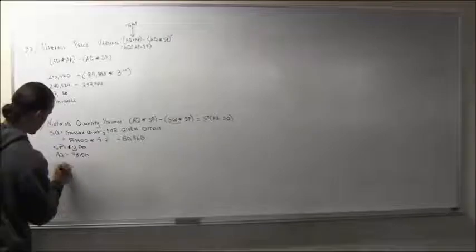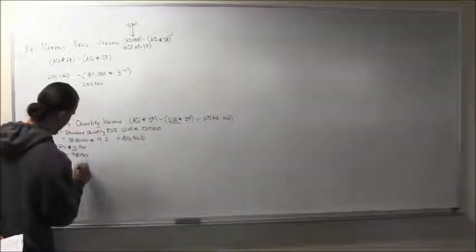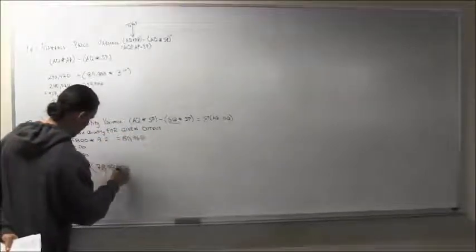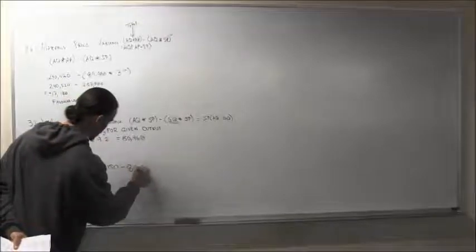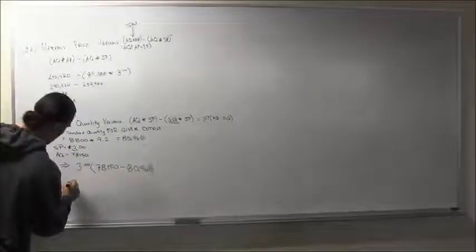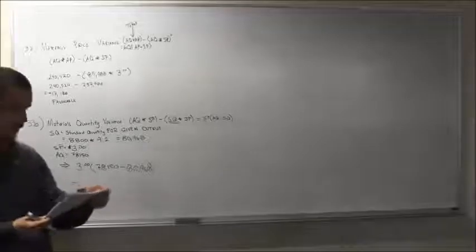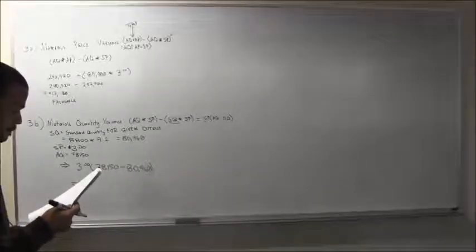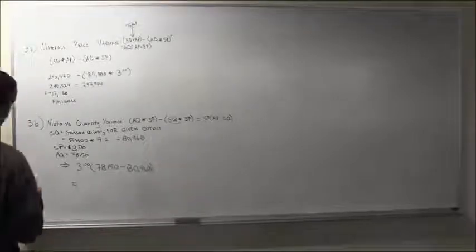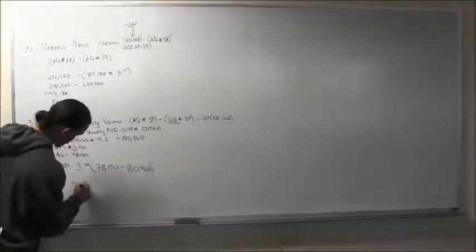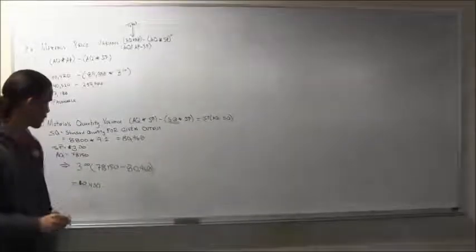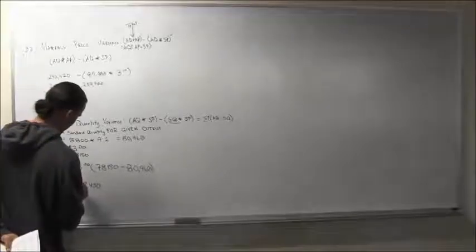So now this is standard price, $3, times the difference between 78,150 and 80,960. Okay, is this favorable or unfavorable?